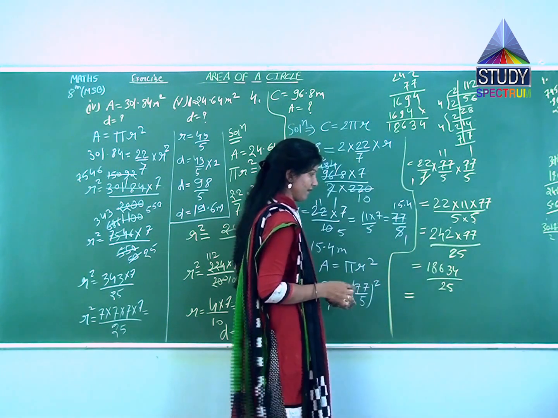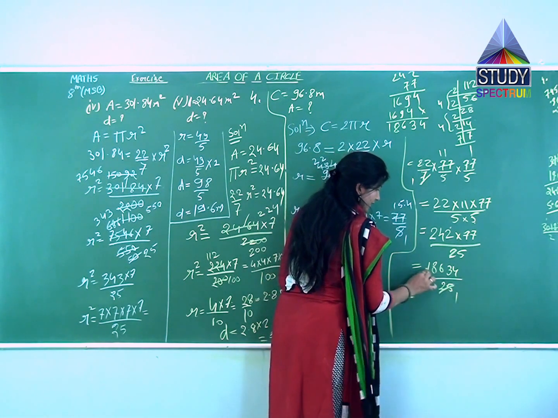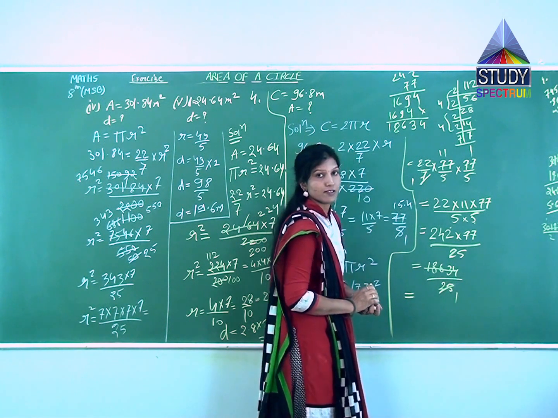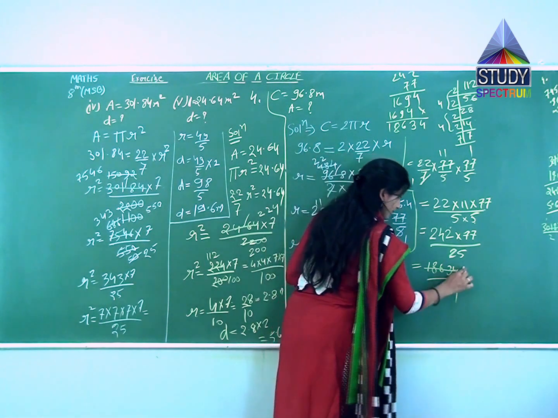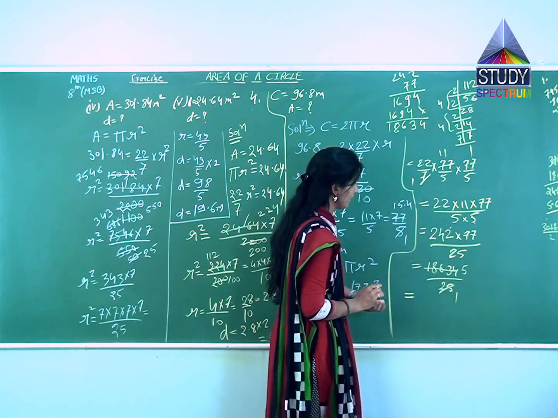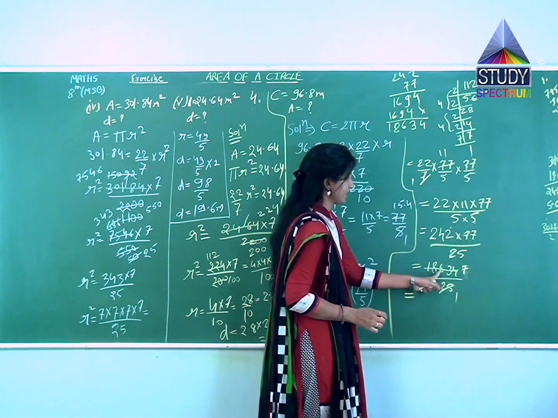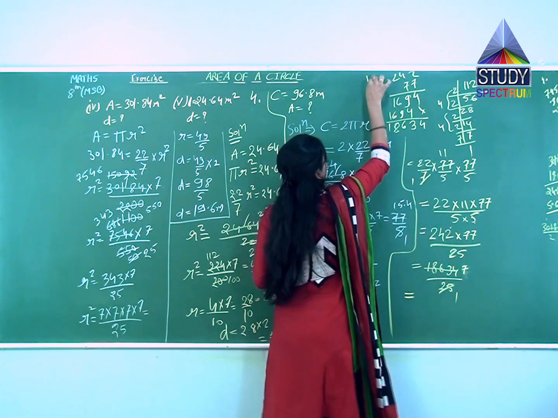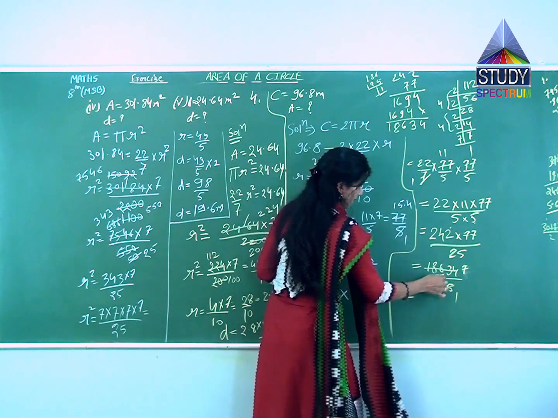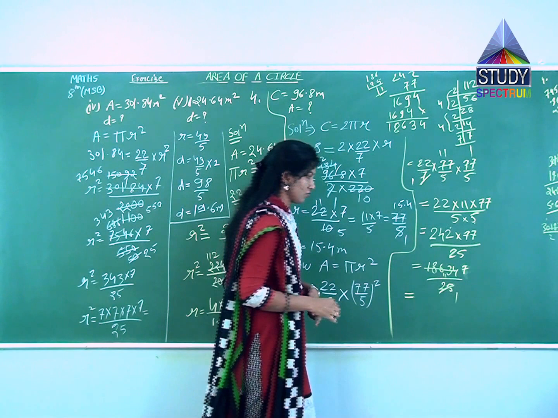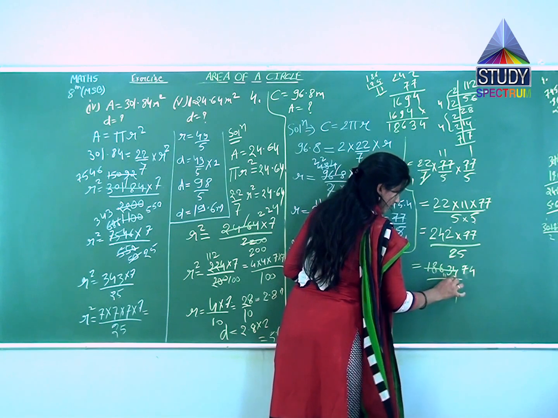Now we have to divide 18634 by 25. 25 ones are 25. 25 sixes are 150 and 25 sevens are 175. 186 minus 175, 11 is the remainder. So here will be 113. 25 fours are 100. 113 minus 100, 13.